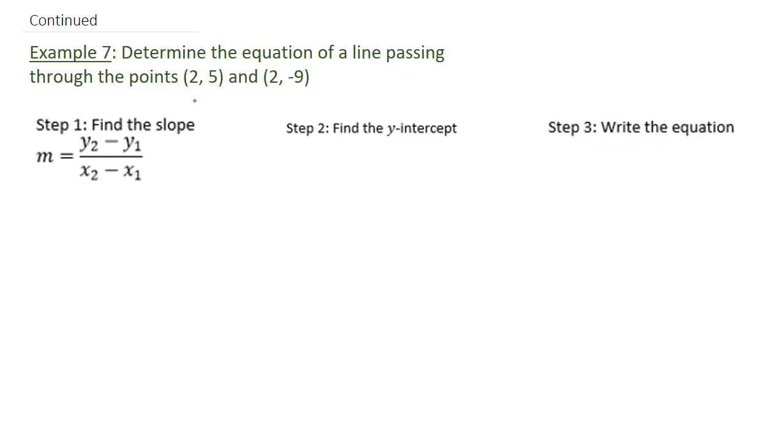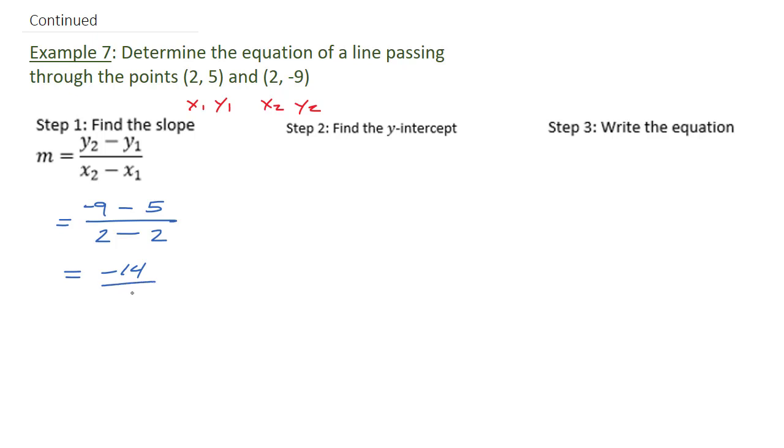Okay, final example for the lesson, example 7: x1, y1, x2, y2. There's my points. Let's sub them in the slope formula. So I'm trying to find the equation. Now, some of you might already see where the shortcut's going for this. -9 minus 5 and 2 minus 2. Well, on top I have -14.